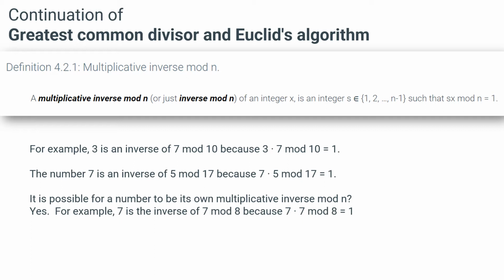These are just examples I pulled out of my hat to show you. We're going to learn how, once you're given a number and the mod, the n part of it, you can find the multiplicative inverse. That's what this lesson is going to be about.